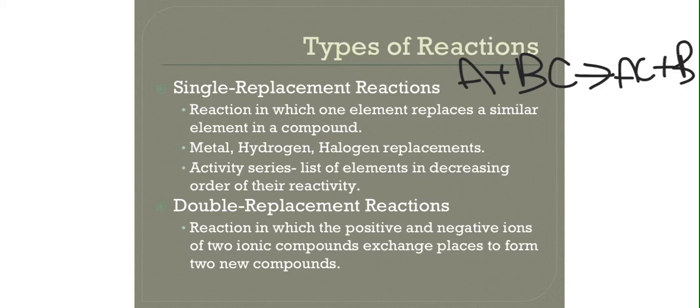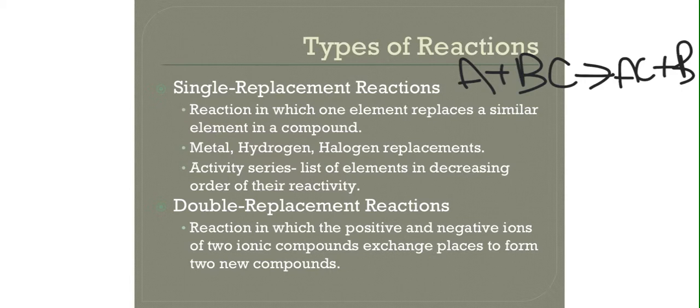When we're dealing with hydrogen in particular, in a hydrogen replacement reaction, the hydrogen in the acid is replaced by an active metal. And I'm going to give you an example of this, so please don't freak out if you're like, what? And so the same can be said, or not the same thing, but there's a little bit of a rule when we're talking about halogen replacement.